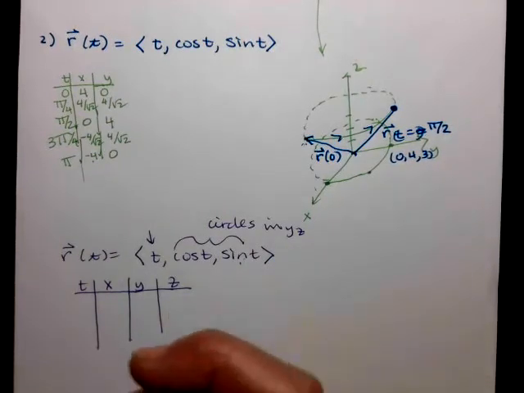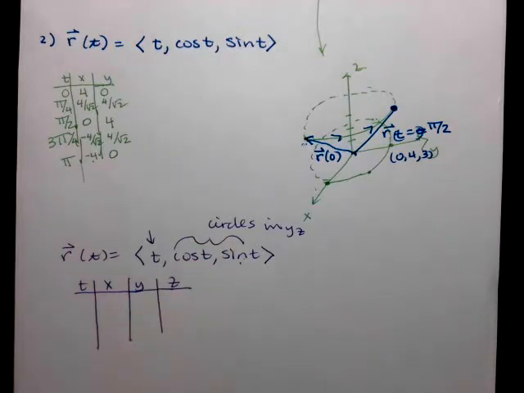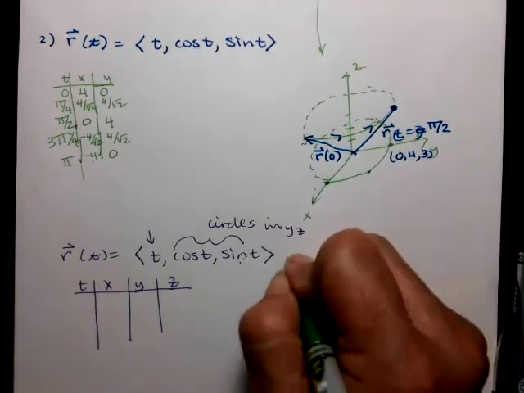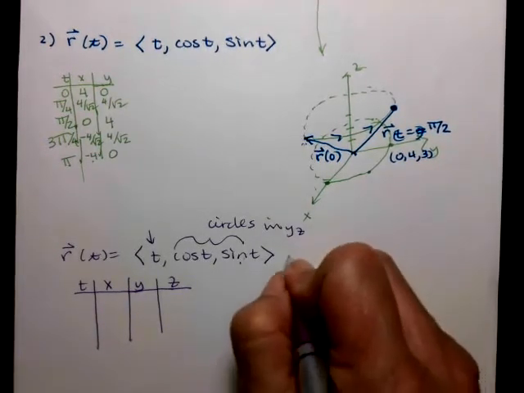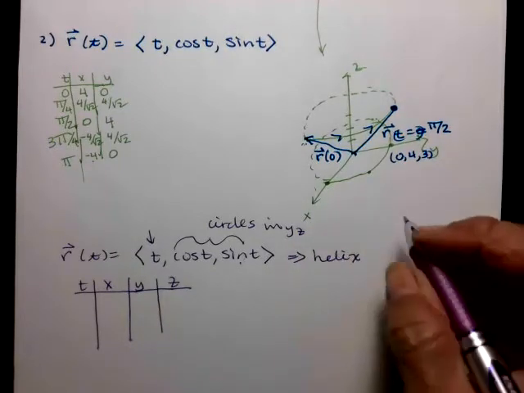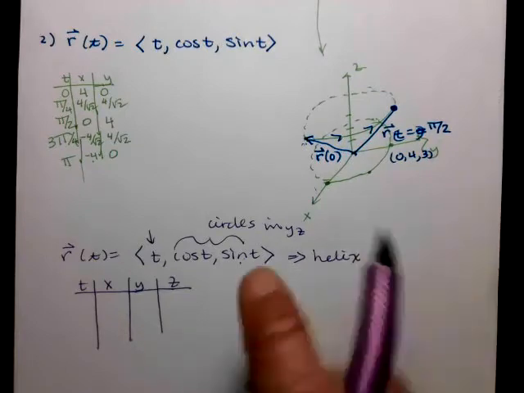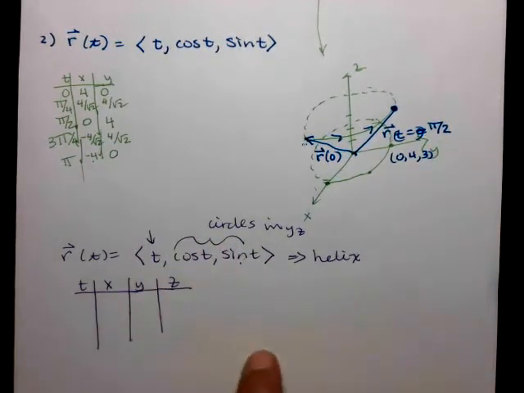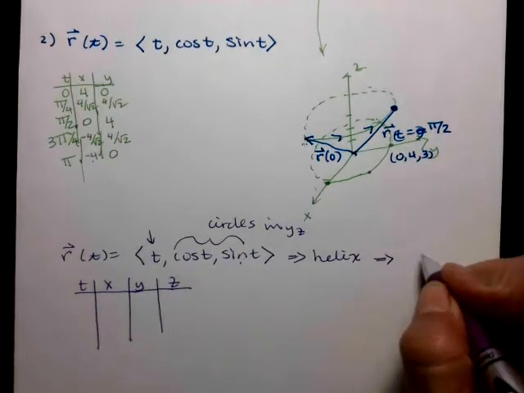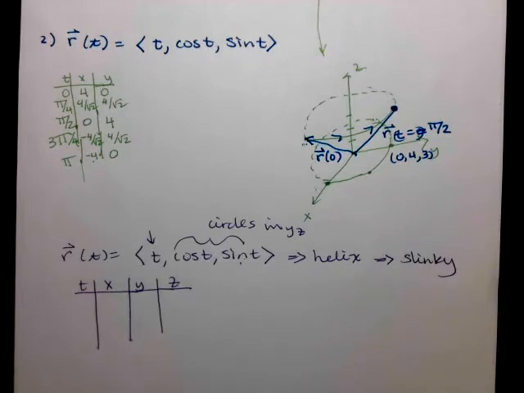So if you have circles in the yz plane, but the x is just marching on, it's like a slinky. So this is one way to describe it, and it's called a helix. If you're in a biology class, DNA, the double helix, is going to have equations like this. If you have that toy from a retro shop, it's what a slinky looks like.